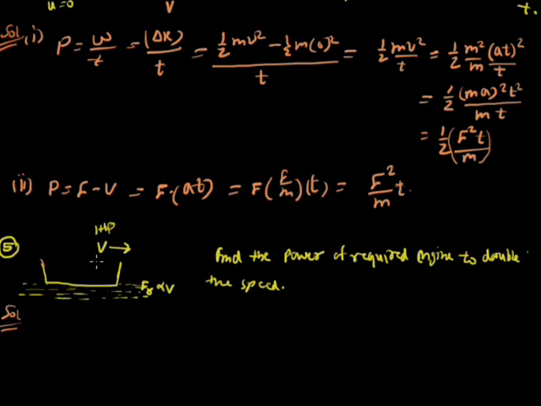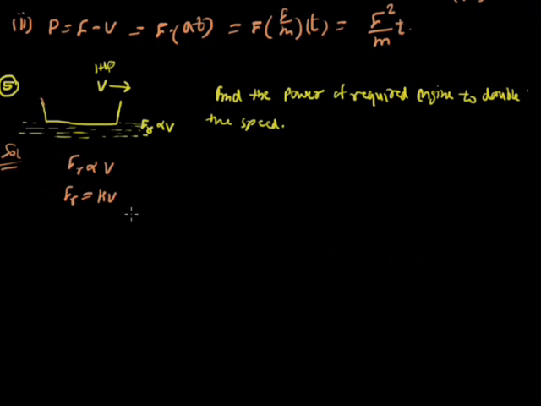Now if you want to double the speed of the boat, you have to find the required power of the engine which is needed to double the speed. So first of all, Fr is proportional to V, so Fr equals kV, where k is any constant.